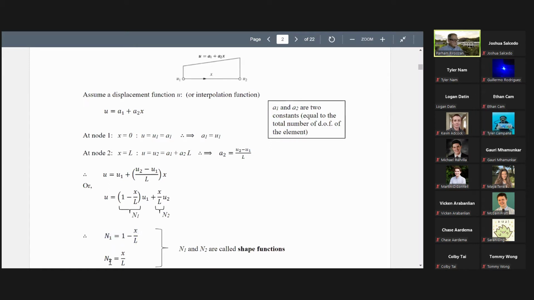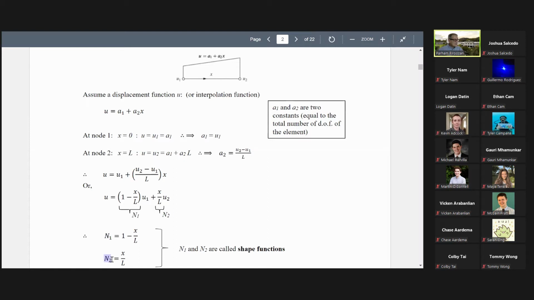What is the value of N1 at node 2? At node 2, x is what? L. Very good. So N1 at node 2 would be? 0. Very good. Let's look at N2.